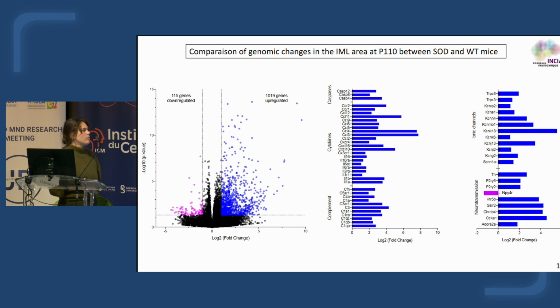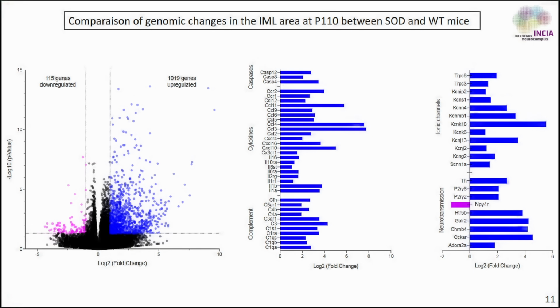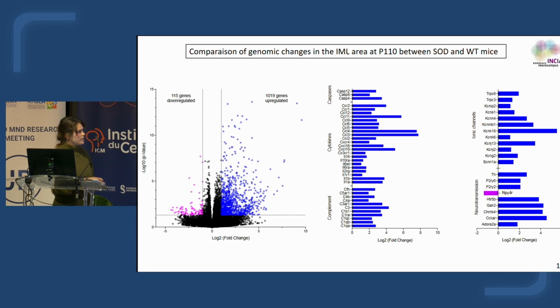And then if we look at the mice at the late stage, there is an increase of upregulated genes, with genes encoding for the complements, the cytokines, and the caspase. And so we can imagine that there is a strong reaction of the immune system and apoptosis in this condition.